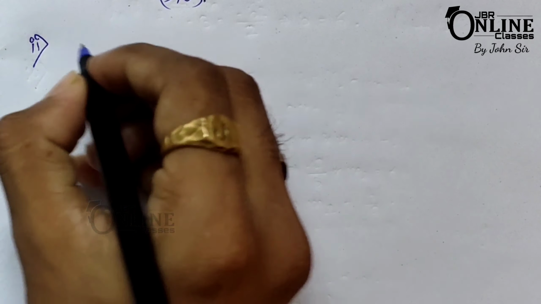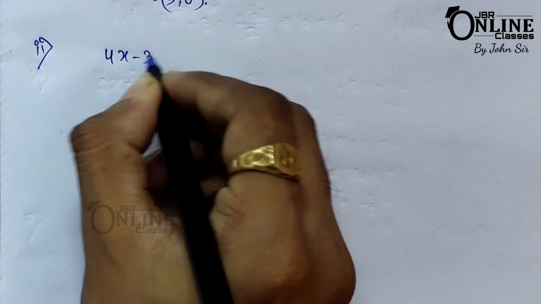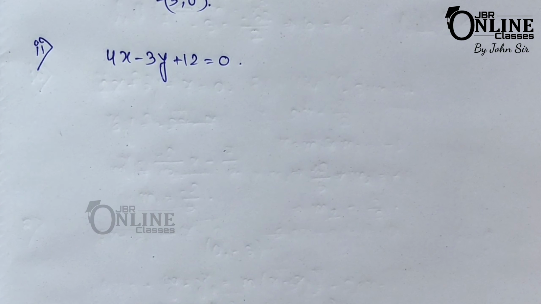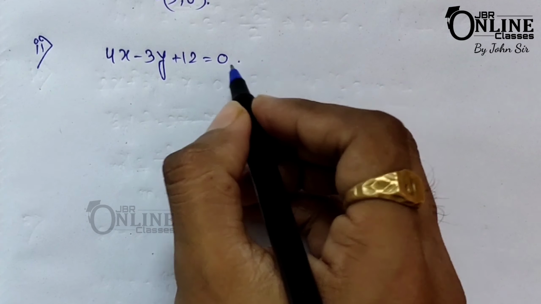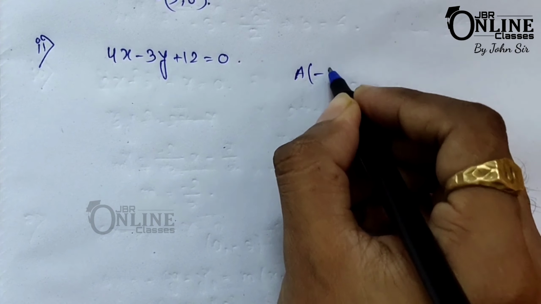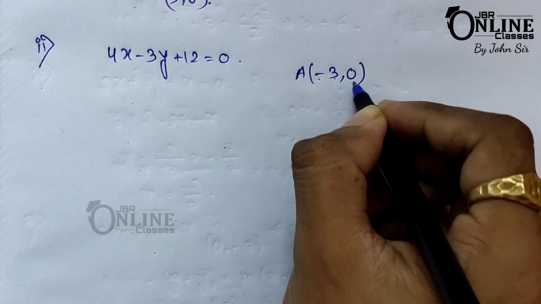Part 2, determine the equation of the line passing through A and perpendicular to 4x minus y plus 12 equal to 0. So the equation of the line perpendicular to the given line passing through point A. The coordinate of the point A from the previous problem is minus 3 comma 0.